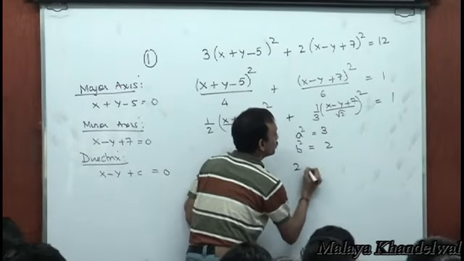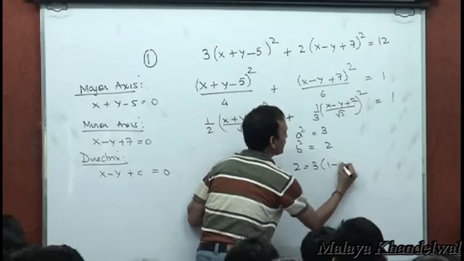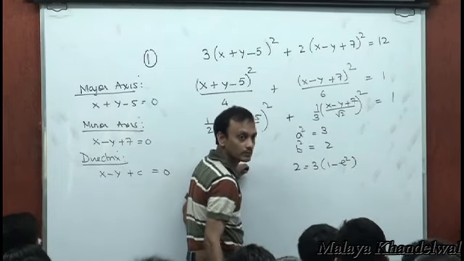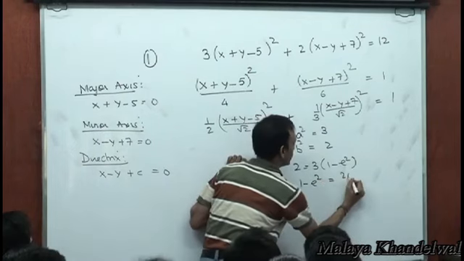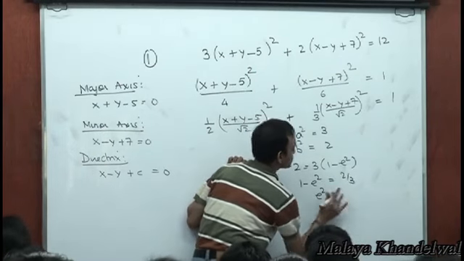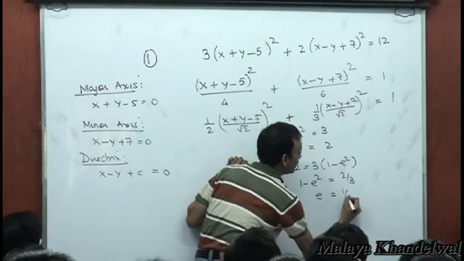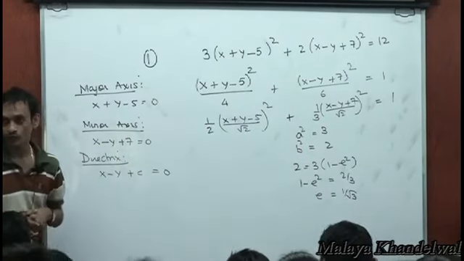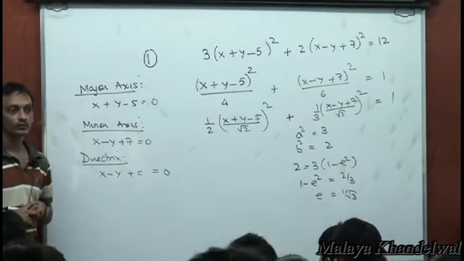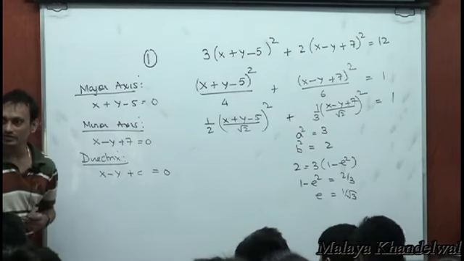So then we have 2 equal to 3 into (1 minus e squared), right? So 1 minus e squared is 2/3, e squared is 1/3. E is 1 by root 3. The eccentricity of the ellipse is 1 by root 3. Yes or no? Are you all there with me?